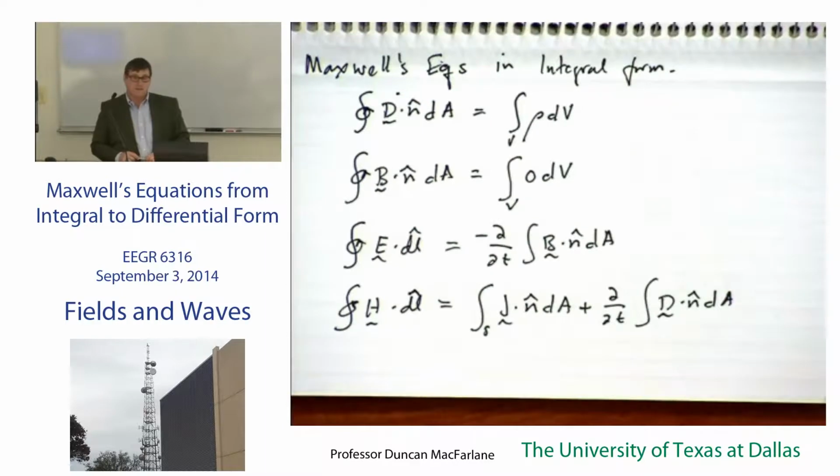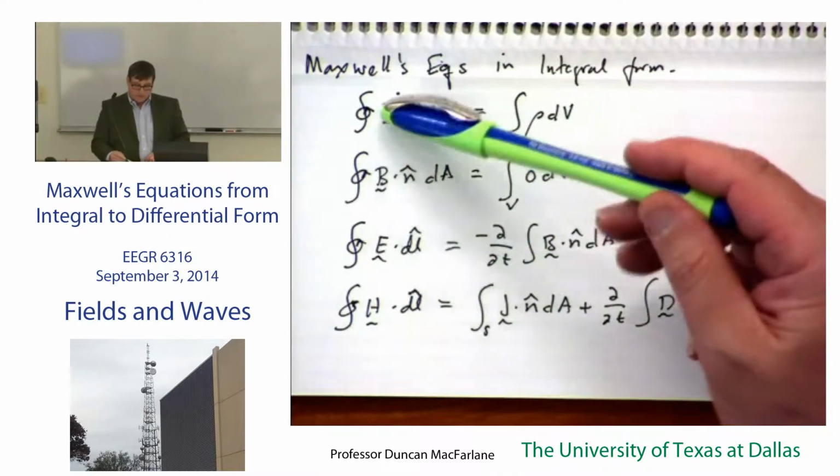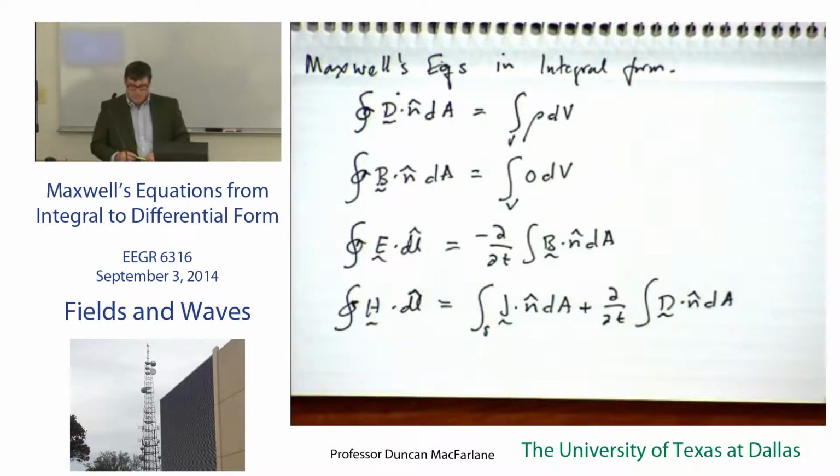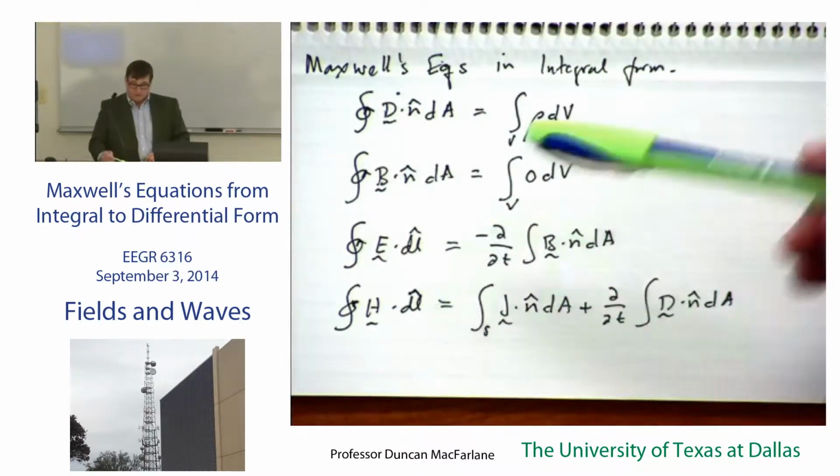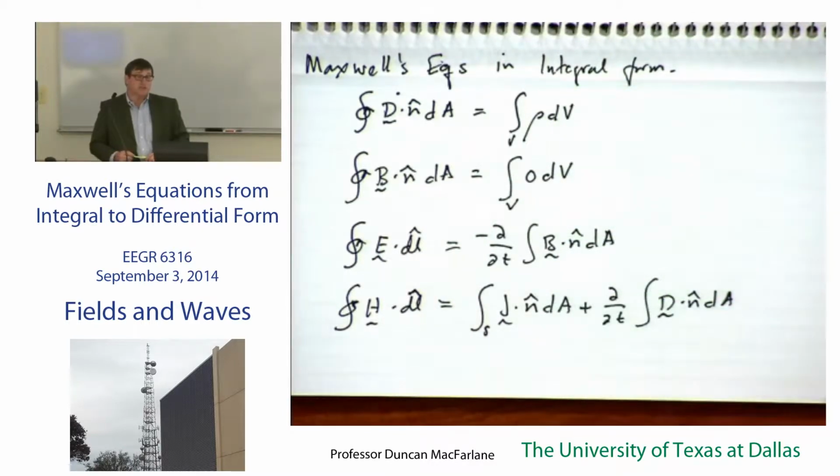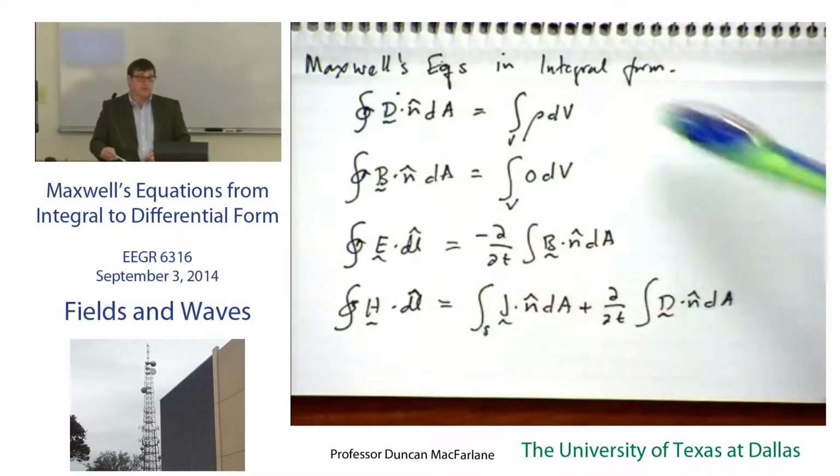Okay? The way I look at these equations, D, B, E, and H are responsive to charge and moving charge. That's the way I look at these equations. Is that the charge and the moving charge are the forcing terms to this set of equations.